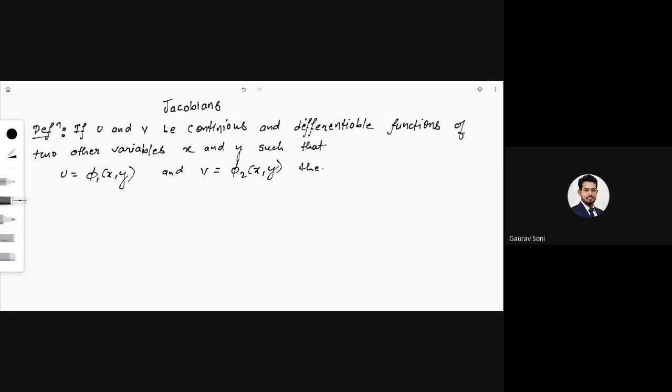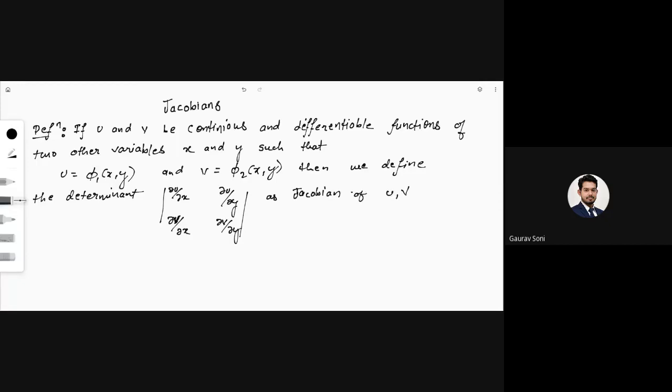Then we define the determinant, the determinant partial derivative of u with respect to x, partial derivative of u with respect to y, partial derivative of v with respect to x, partial derivative of v with respect to y as the Jacobian of u comma v with respect to x comma y. So what is the Jacobian?